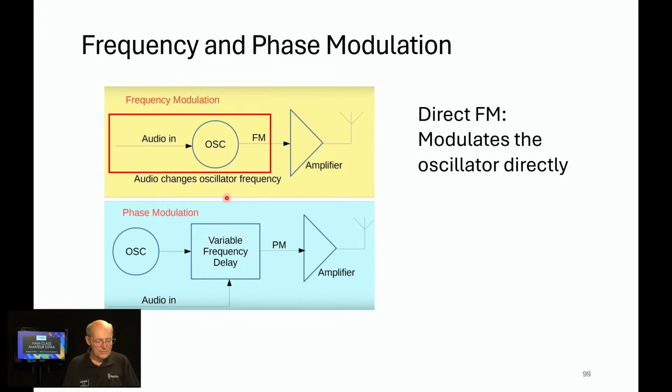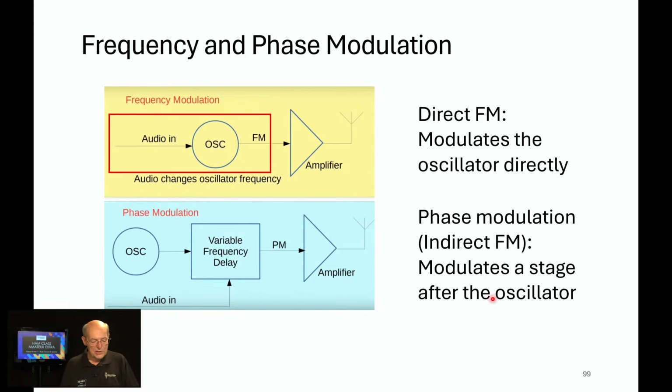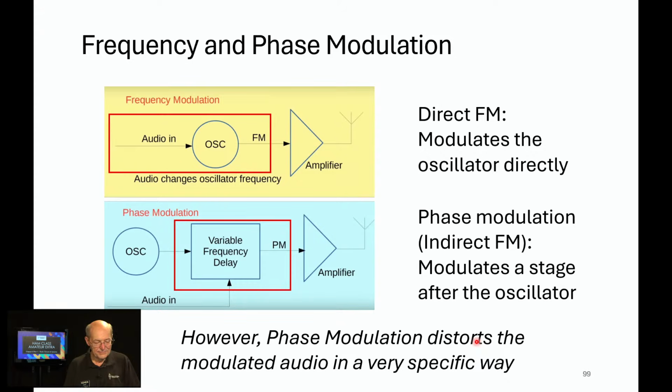As shown here, audio changes the oscillator frequency. With phase modulation, indirect FM modulates a stage after the oscillator. Now, here's something that's going to lead into our next topic. Phase modulation distorts the modulated audio in a very specific way. Just hold on to that thought for a second.